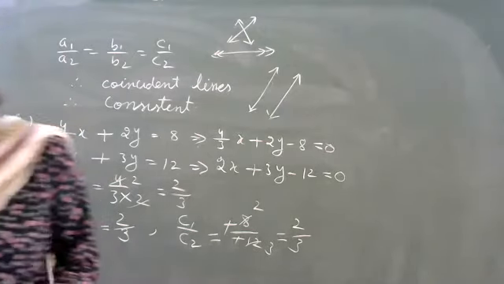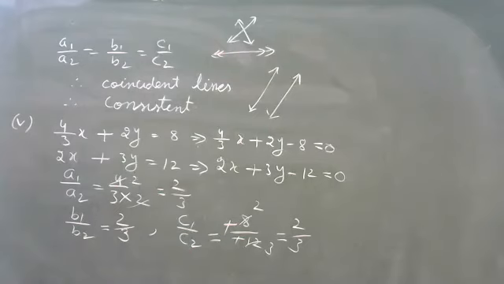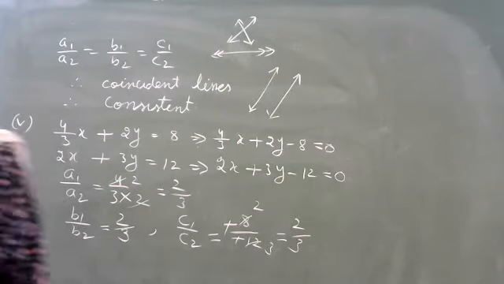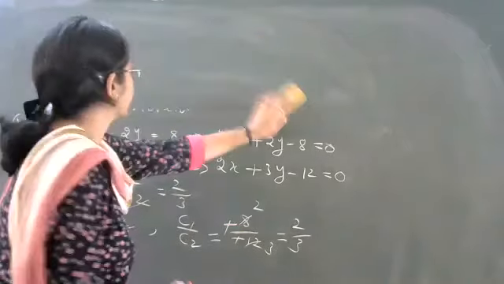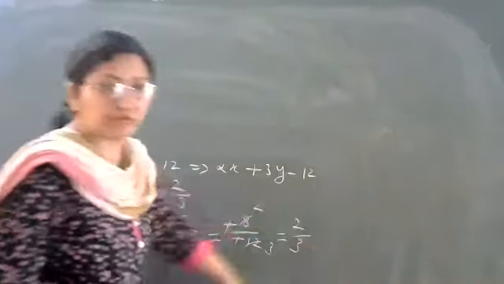Now question number 4, first part. x plus y is equal to 5. Write the first equation. We will not plot the graph today, we are only discussing question number 4.